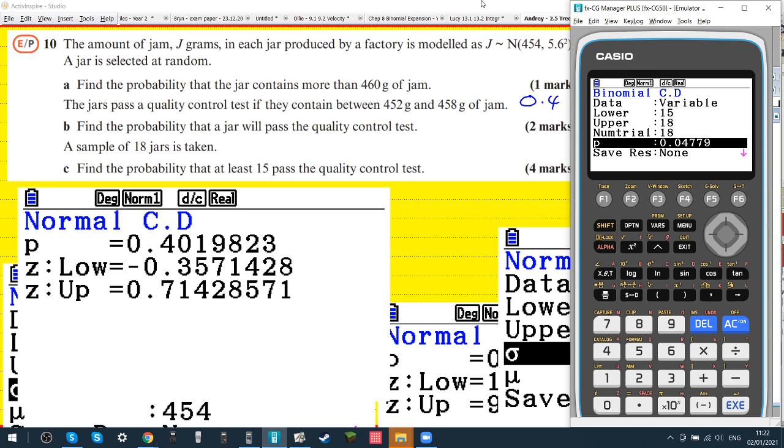What is the probability that one jar passes the test? Is it like 1 over 18? No. I don't know. Which question had something to do with passing the quality control test?